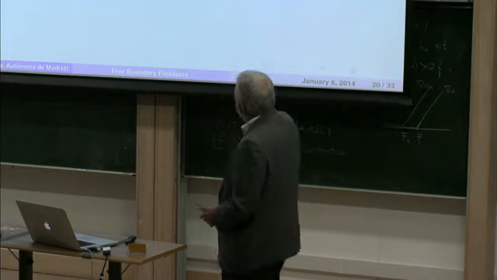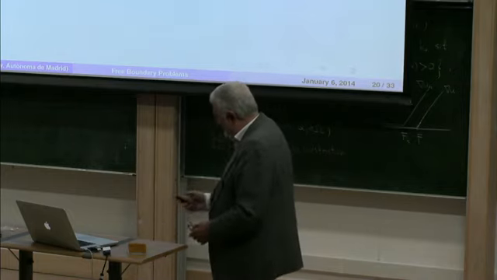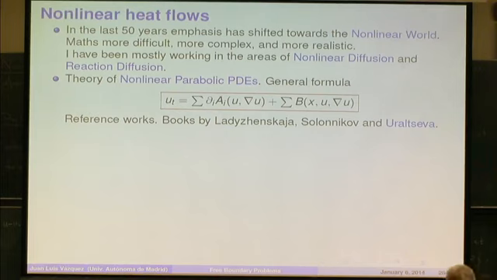And the typical parabolic equation that is the friend of the heat equation in this general context has a certain nonlinearity I call A_i that depends on u and gradient u, and has a certain convection and reaction, which is B or something. So the main term is there, and A_i is, for instance, the identity.